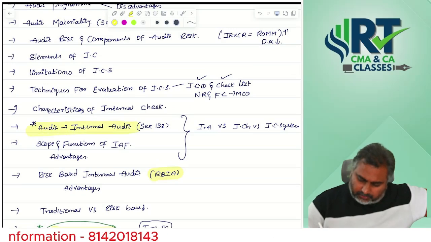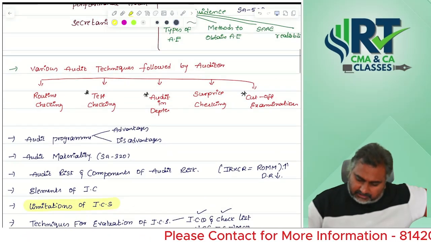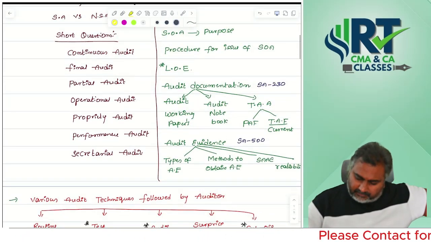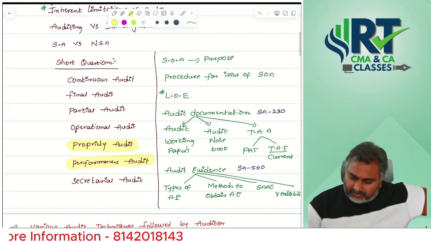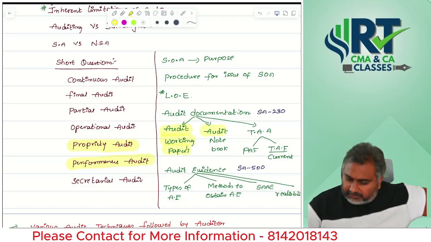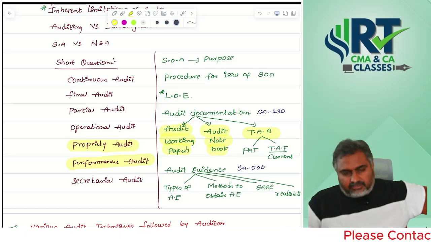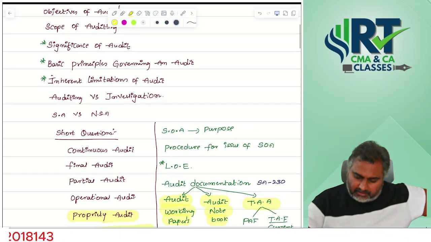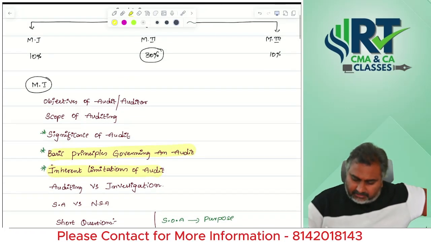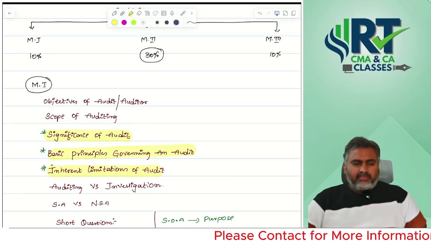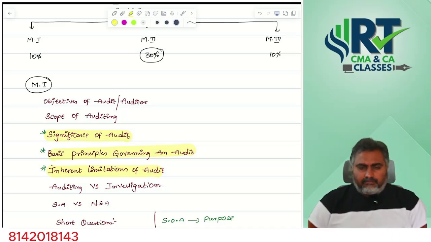Internal audit is also a most wanted question, limitations of internal control system, propriety audit to performance audit, audit working papers, audit notebook, contents of audit files, inherent limitations, basic principles governing an audit, advantages. These are all areas you are supposed to focus more on.